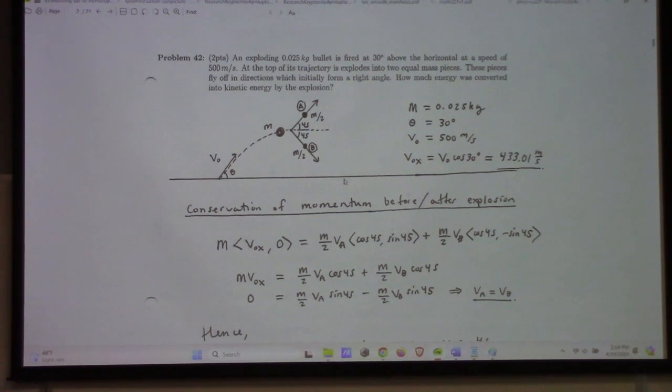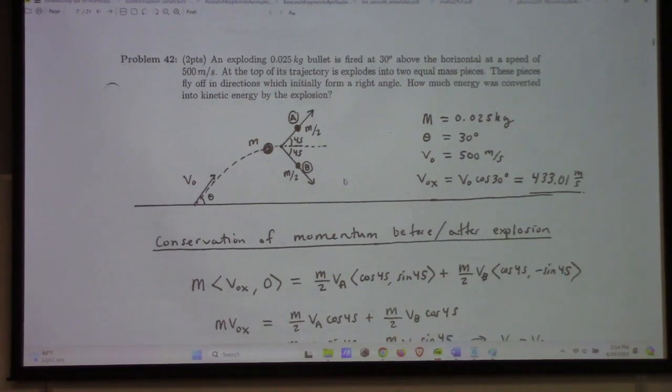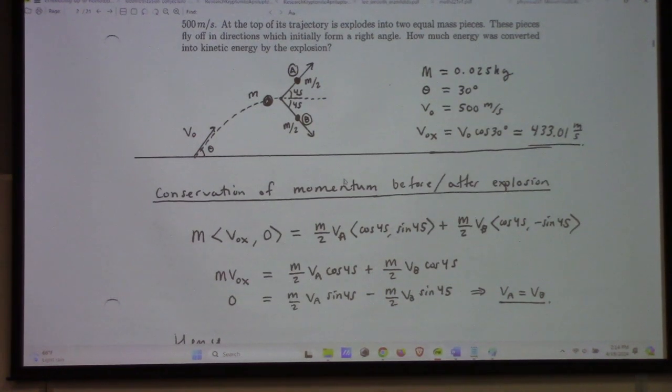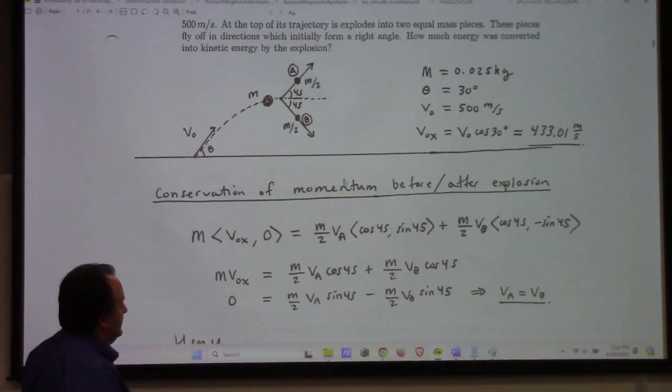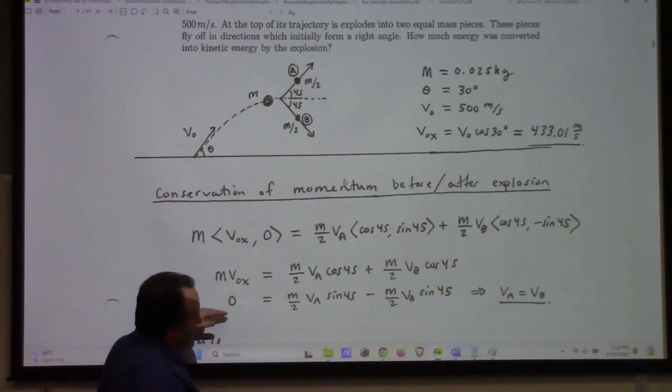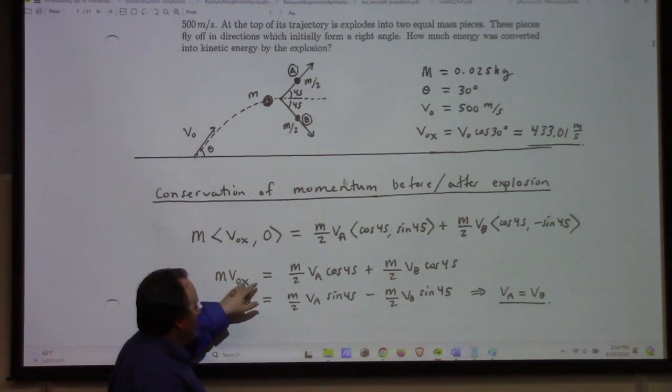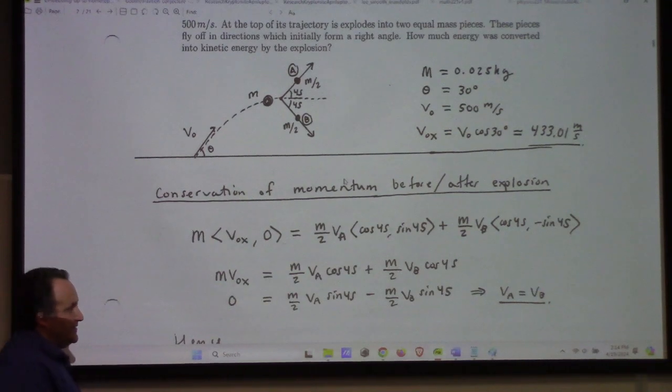But anyway, the particulars of this problem aside, the general story here is in a collision, we want to conserve momentum before and after a collision or an explosion, some event of this nature. We can conserve momentum, and that forces the vertical components to cancel out, and the horizontal components together have to give us that horizontal momentum.